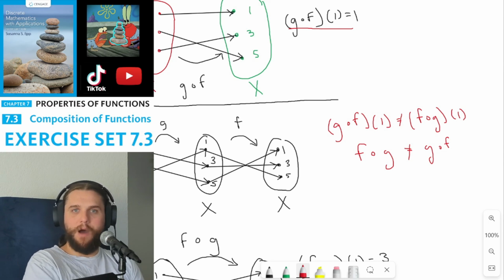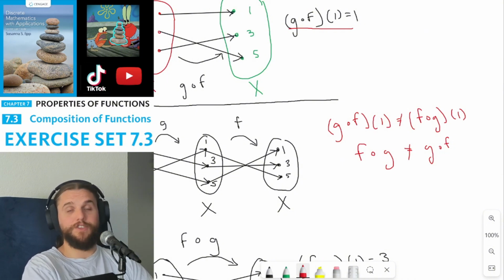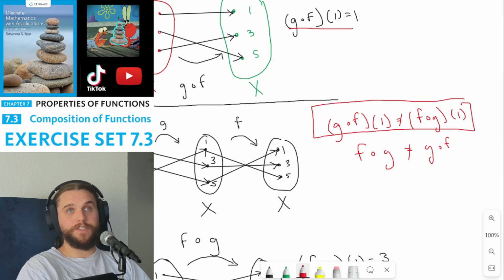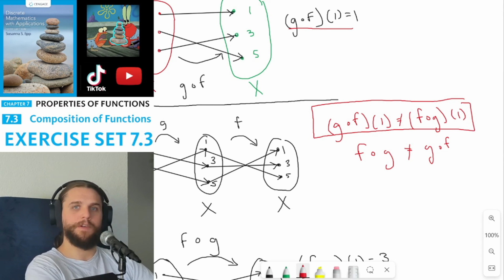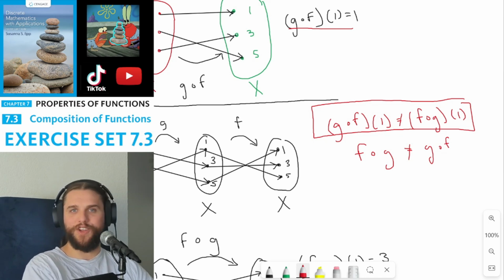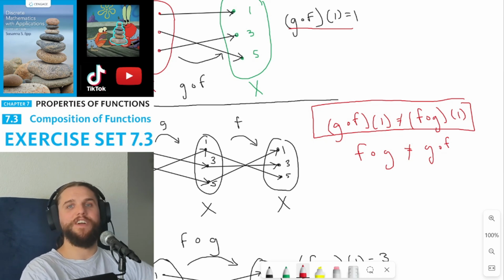Those should be the same outputs because they're the same inputs. So when you plug in the same input into both functions, if they're the same functions, you should get the same output. Here we have an input that we're plugging into both functions, but we get different outputs. And so because of that, these are not the same relationships between the inputs and the outputs. Or in other words, they're not the same relation, which we'll get into eventually in the next chapter.